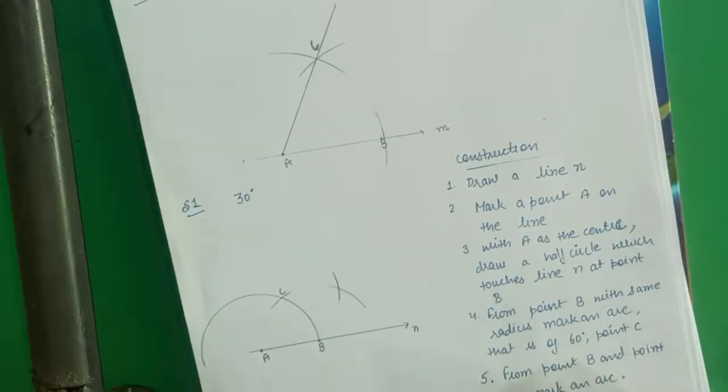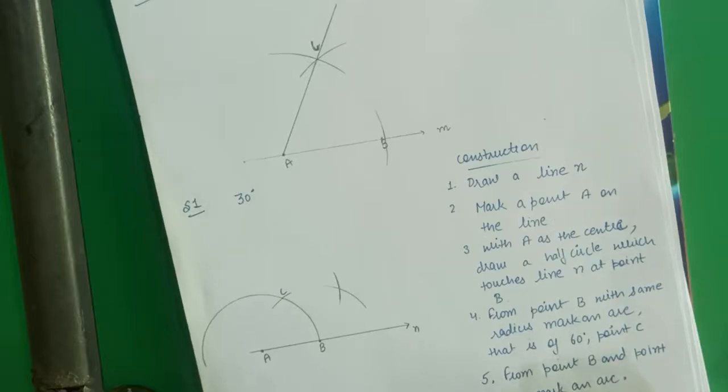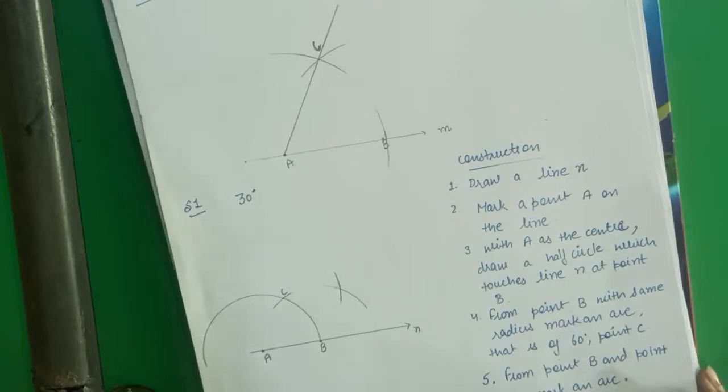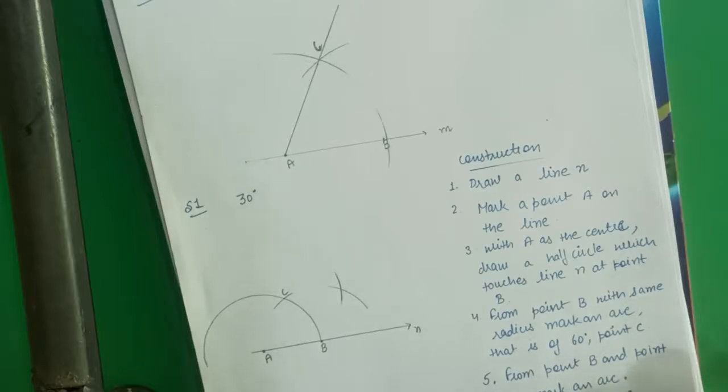Now the sixth one is, name the point of intersection.